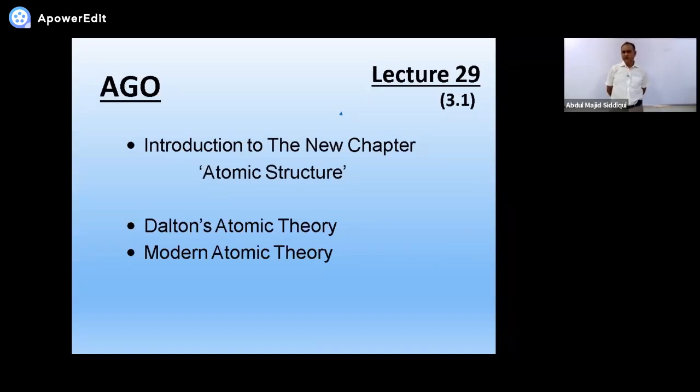I didn't count yesterday's lecture because it was just an introduction. So what are we going to do today? Today we will be doing the basic two theories, Dalton's atomic theory and, parallel with it, modern atomic theory. Okay? So we will begin in a minute.